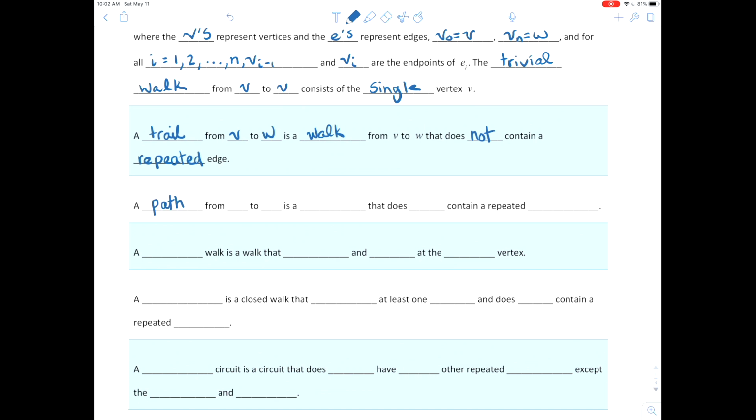So a path from V to W is a trail that does not contain a repeated vertex, right? A closed walk is a walk that starts and ends at the same vertex.